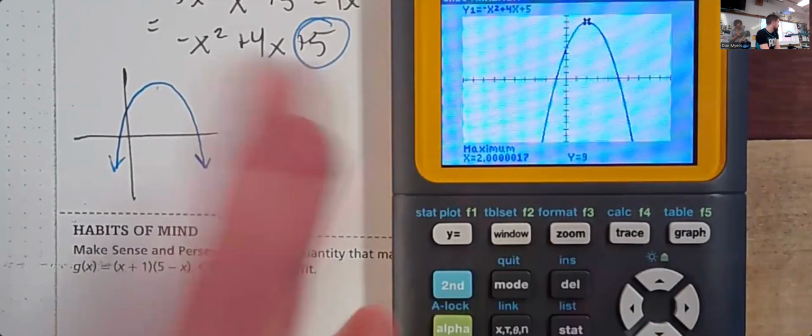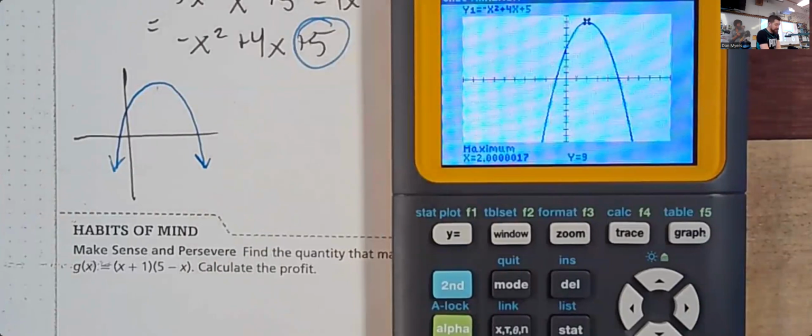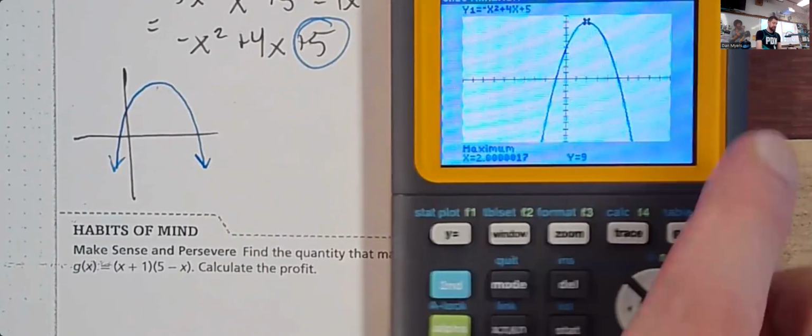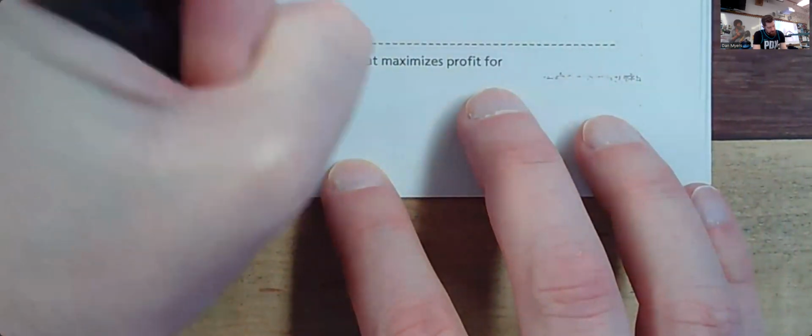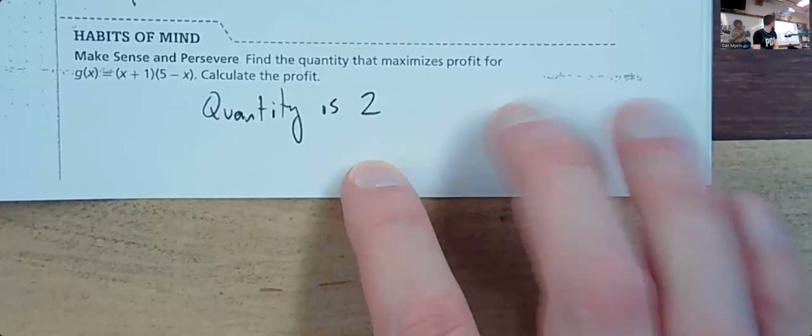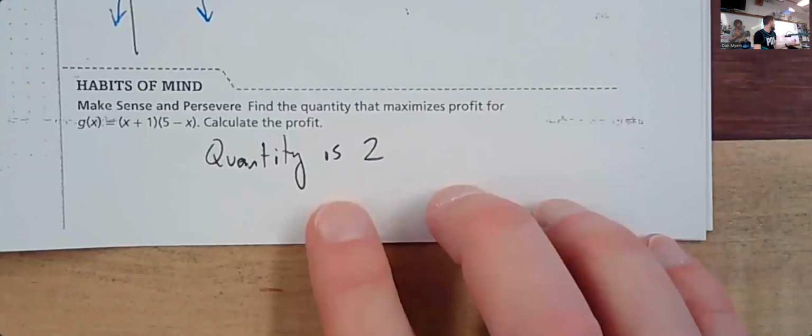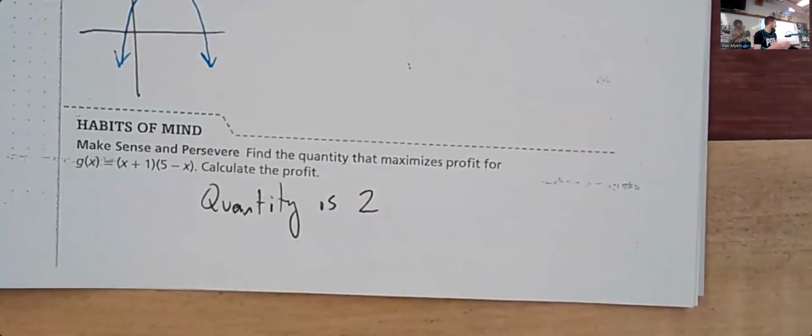So how many products do they need to sell to maximize profit? They've got to sell 2 things. So the quantity is 2. And that would be for a max profit of 9, which is not asked about, so we don't need to worry about that. Okay, that is it for those notes.